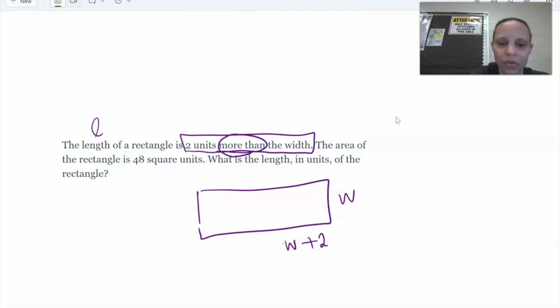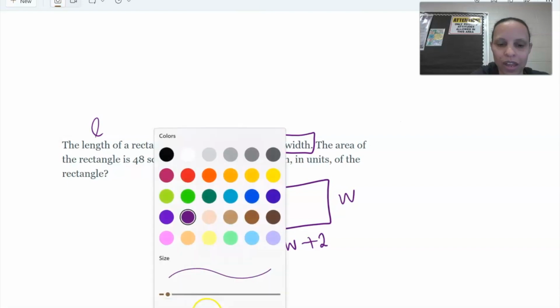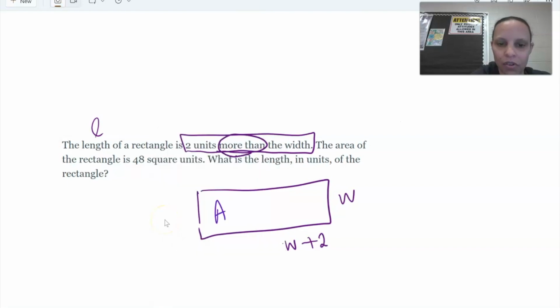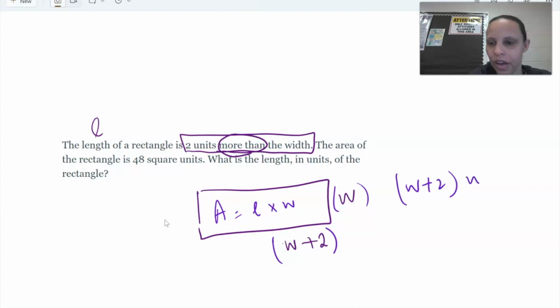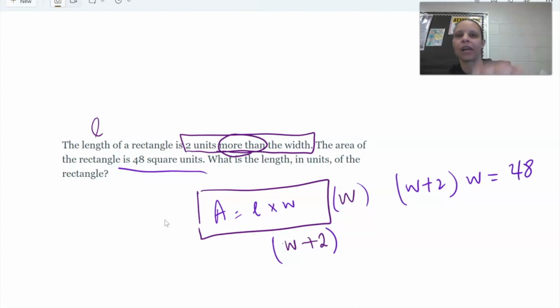What is the area of the rectangle? Well, we know that the area of any given rectangle is length times width, right? So it's this times this. So W plus 2 times W is equal to 48 because they're telling you that that area is 48. Okay, and again, we can solve this by hand, or you can put this in the calculator because all this is doing is reading.